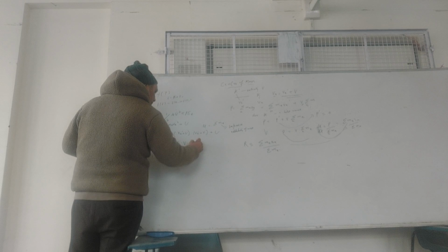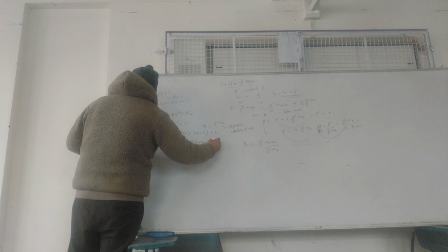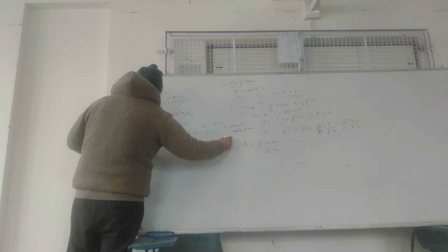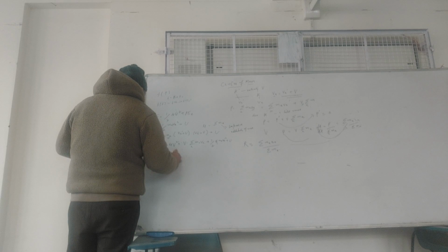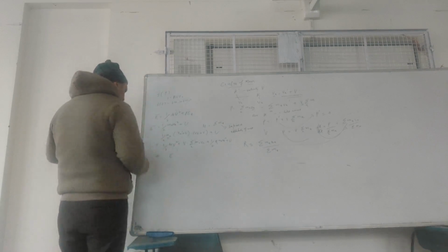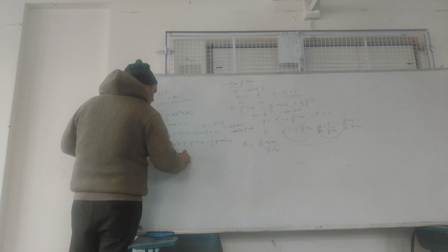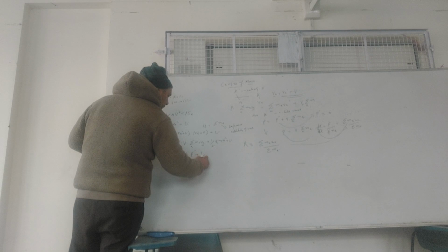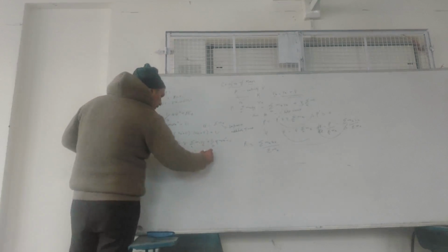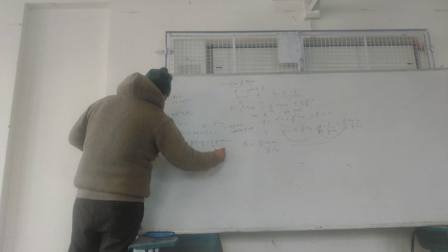And plus 1/2 sigma m_a VA prime squared. So this will be equal to V prime plus V dot. So you can write it as VA squared.